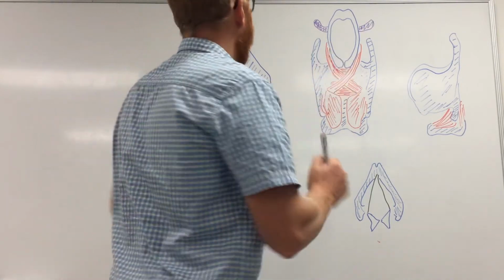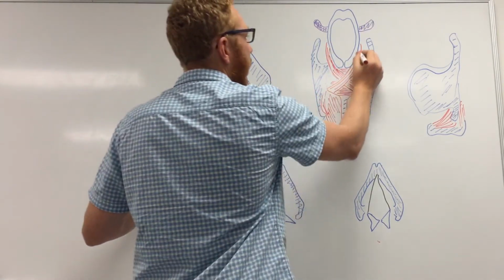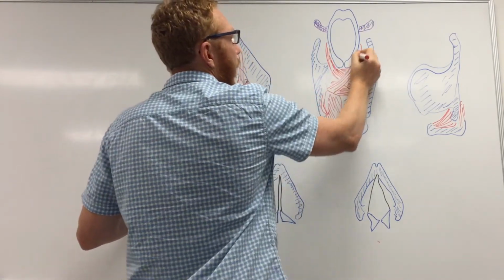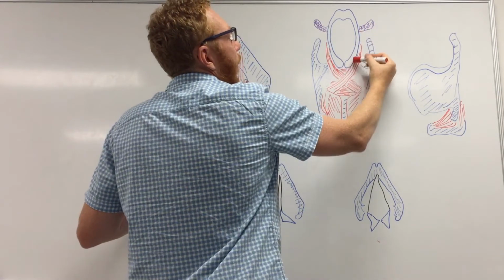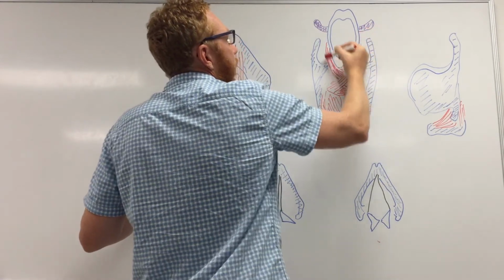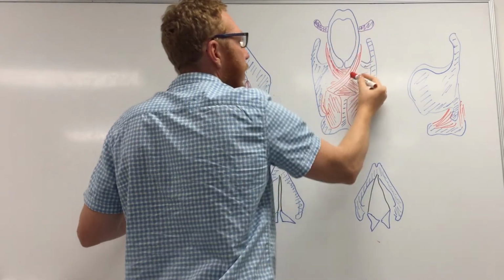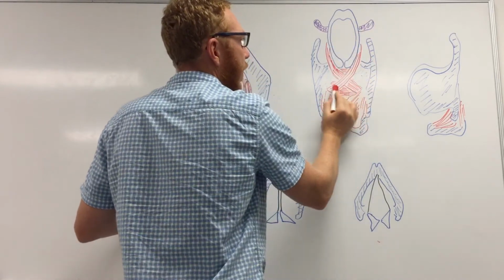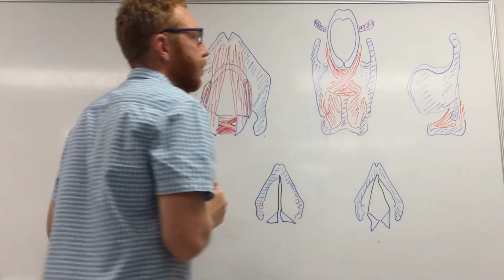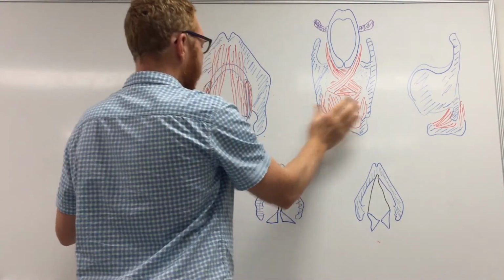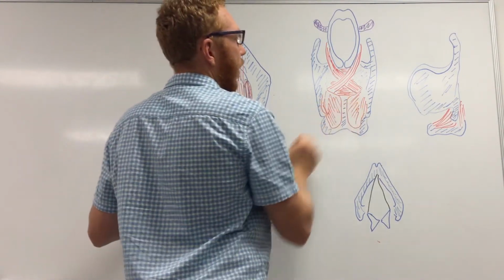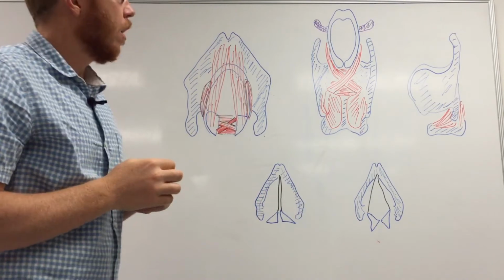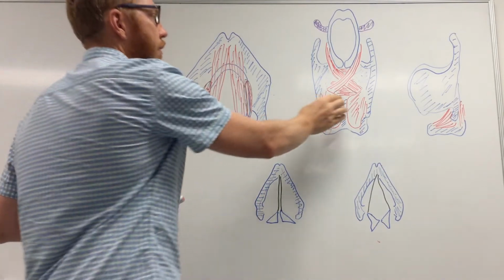Moving across here, again we've got the oblique fibers, but they're running up into the aryepiglottic fold, so that's the continuation, but that's the oblique there, and then behind it we've got the transverse. Sitting at the back, so we can't see it in this view, is the posterior cricoarytenoid. Okay, that's it there.